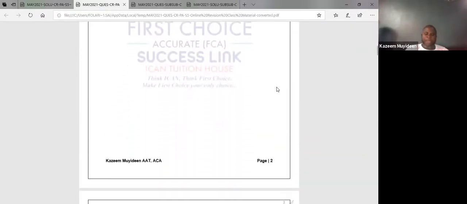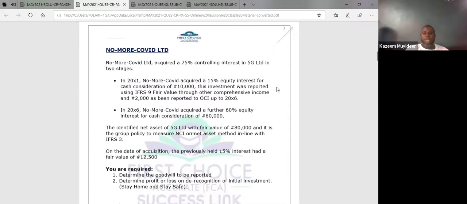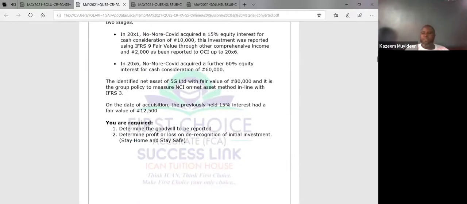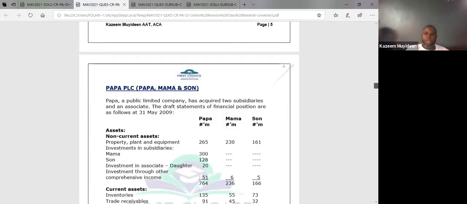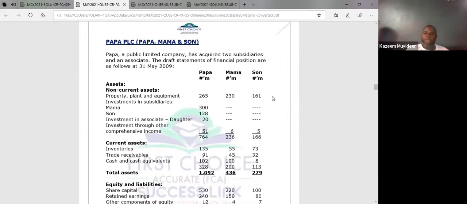Papa, mama, and son. This is COVID. This particular question tests our knowledge of the factors. On Friday, by God's grace, it has been pending for solution, and I purposely left it to the end.